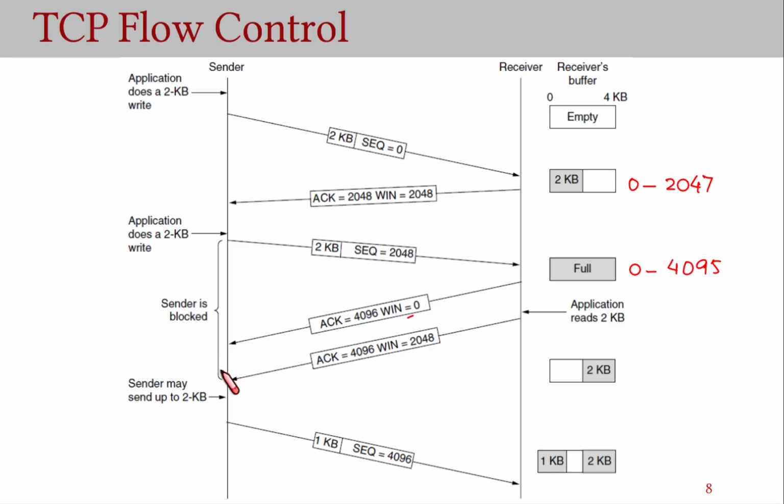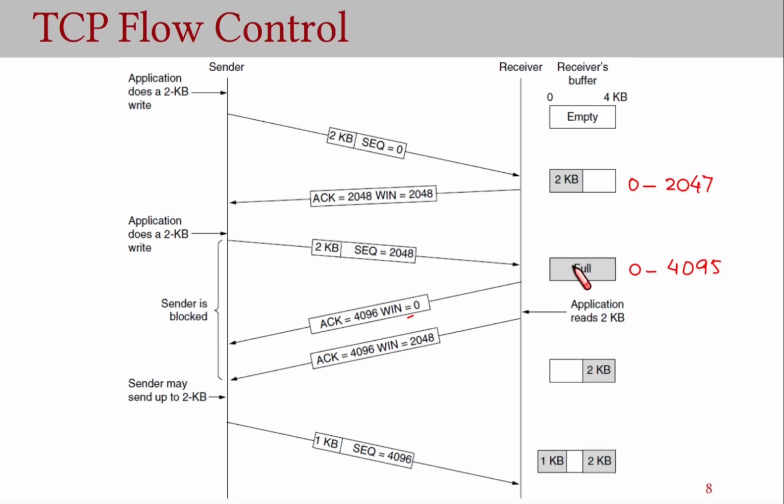And so it's kind of interesting, because now there is no more acknowledgement that's going to come, because the receiver has acknowledged all the data that the sender has sent, but there is no buffer space at the receiver, and the sender cannot possibly know until the receiver tells whether the application has consumed some of this buffer, and now it can send more data.